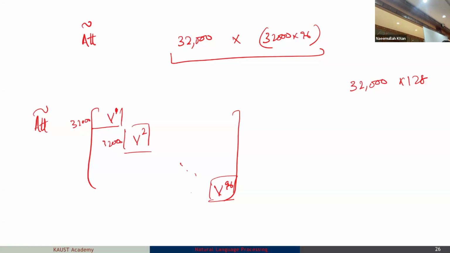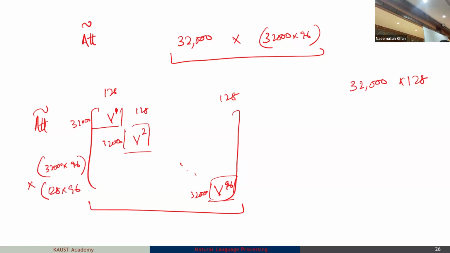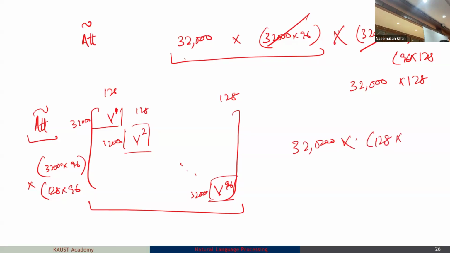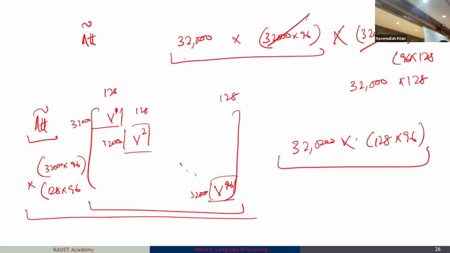So the size of this is 32,000 times 96 by 128 by 96. So the matrix multiplication would be 32,000 times 96 times 96 times 128. The inner dimension of the matrices goes out, and you get 32,000 times 128 times 96.